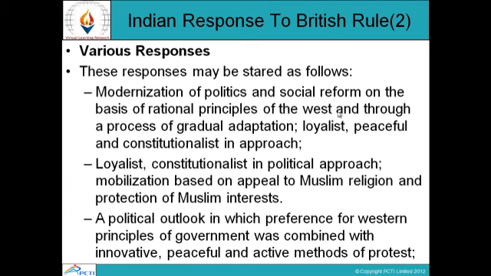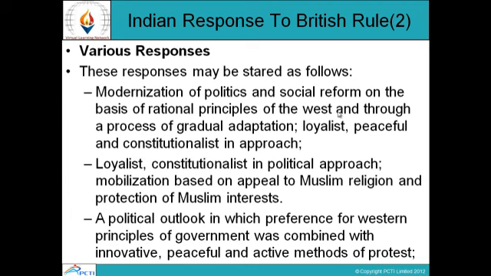So the politics and social reform were based on the rational principles of the West, which required gradual adjustment to these changes. They were based upon being loyal, being peaceful and being constitutionalist in approach. Loyalist, constitutionalist in political approach, mobilization based on appeal to Muslim religion and protection of Muslim interests.